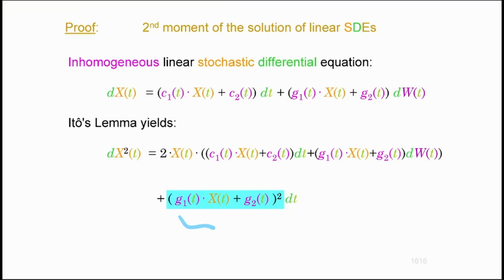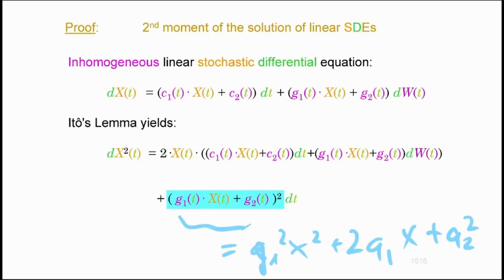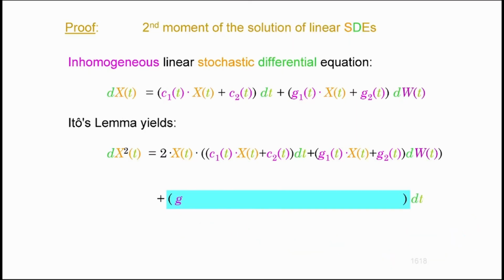Let's do it right here so you can see what it's going to be. This is going to be g1 squared times x squared plus 2 times g1 times x times g2, plus g2 squared. I forgot g2. There you go.